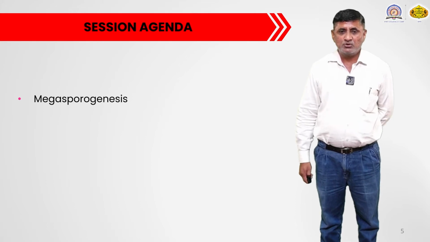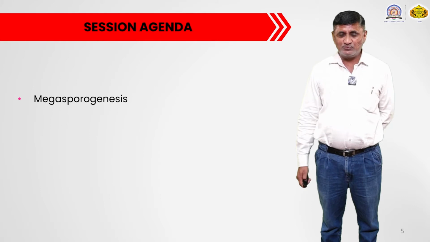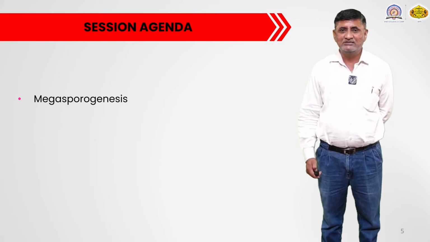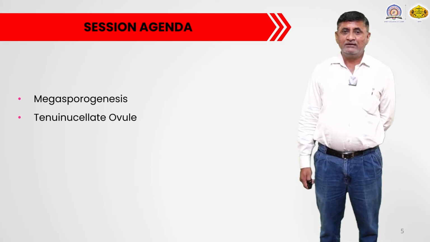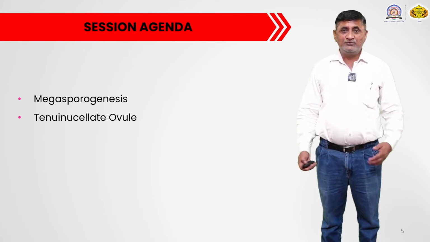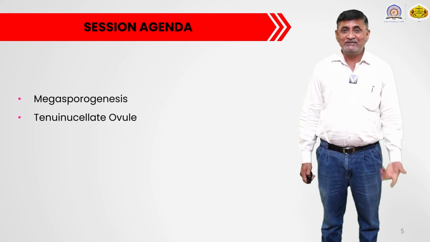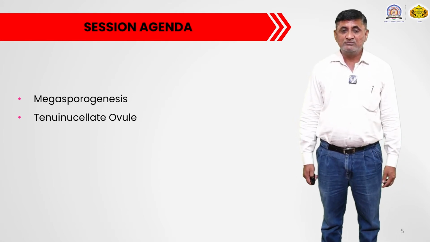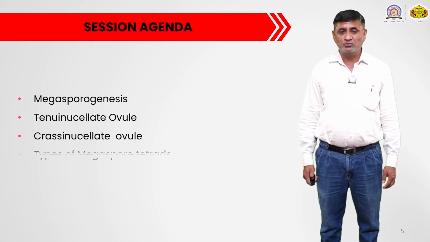So our today's session agenda is to learn what is meant by Megasporogenesis. Then there are different ways to classify the types of ovule, and under that we have to see what is meant by TENUINUCELLATE ovule and what is meant by crassinucellate ovule.